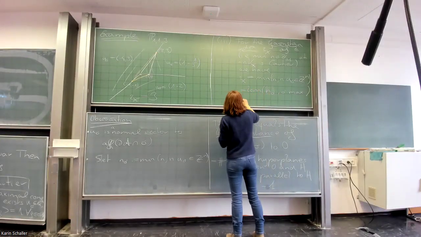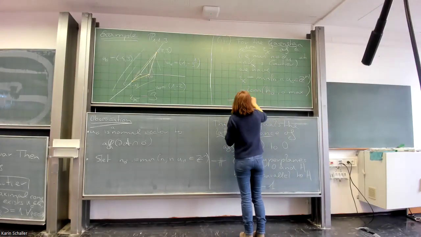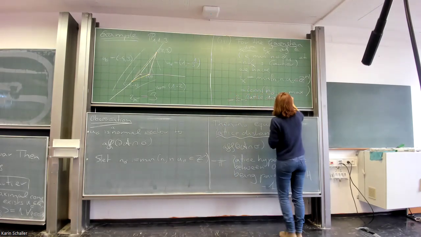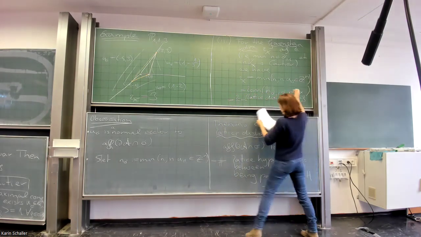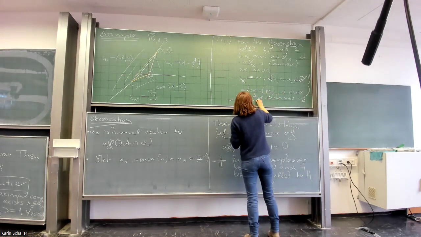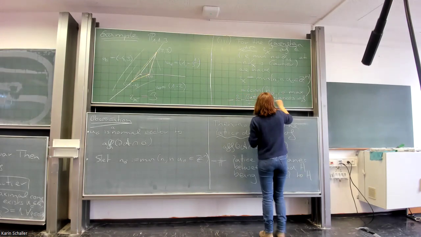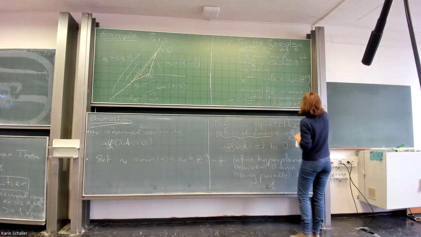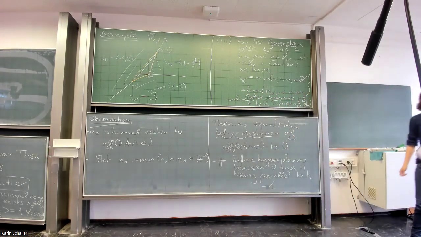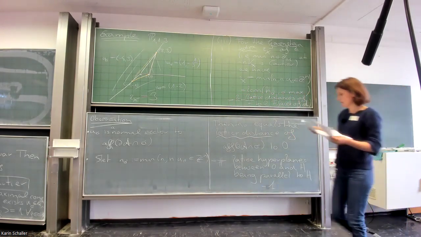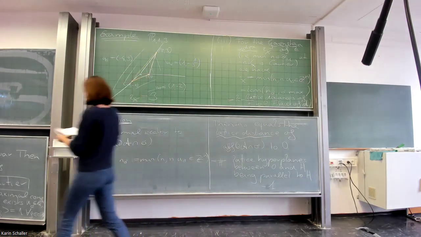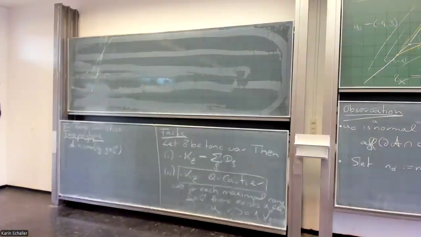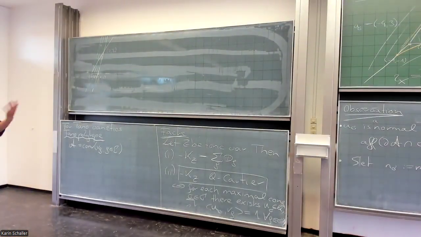So it's the least common multiple of the lattice distances of f to 0, where f is a facet of the Fano polytope A. And that's everything we need to know from toric geometry.